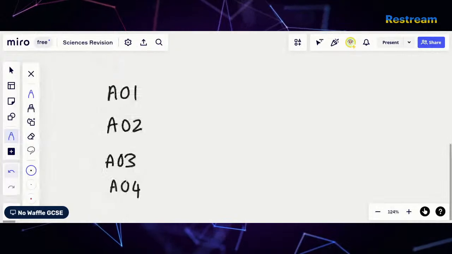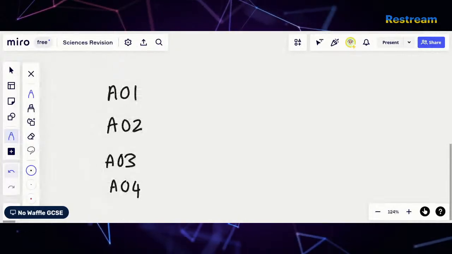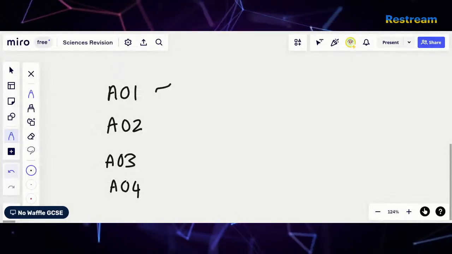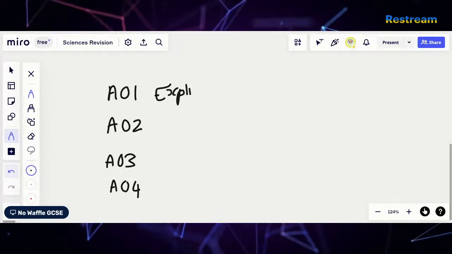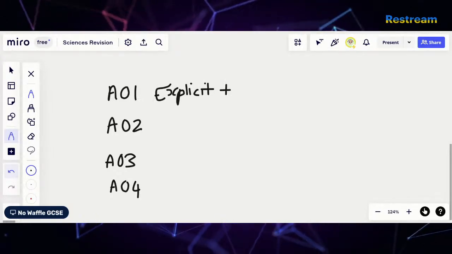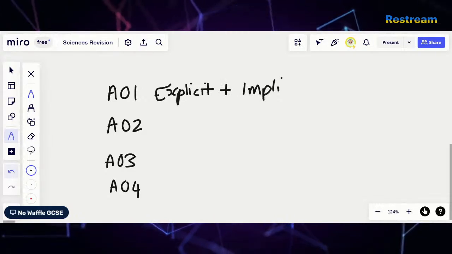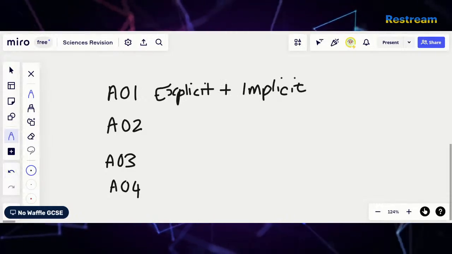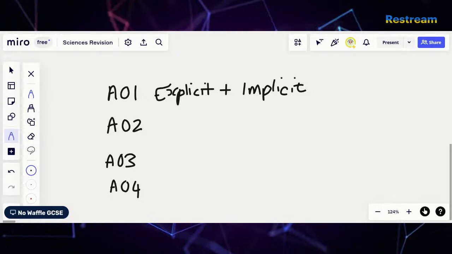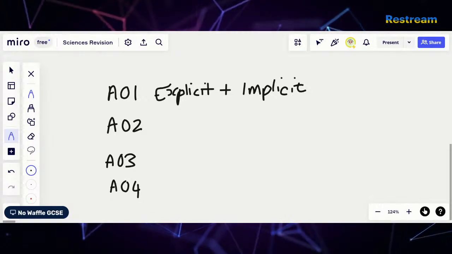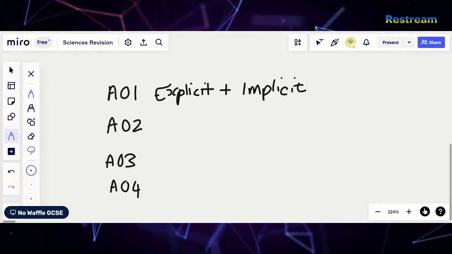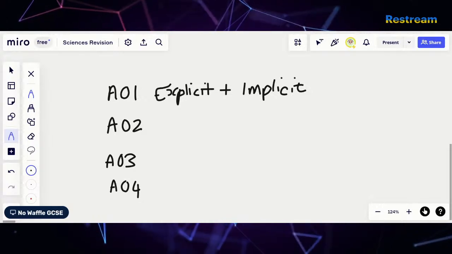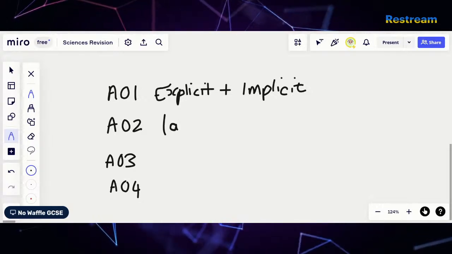AO1 is being able to identify and interpret both explicit and implicit information. Explicit is obvious information that's directly stated, and implicit information is information in which you have to read between the lines. AO2 is being able to comment on how the writer uses language and structure to achieve effects and influence readers. So AO2 is all about methods of language and structure.